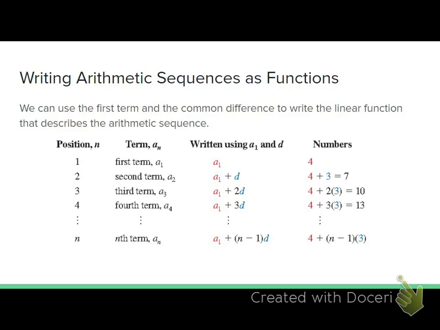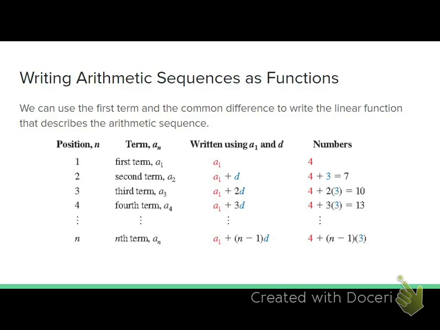To get the third term, we're going to add D again. We added it once, now we're adding it a second time, or 2D. So you're taking your very first number and then adding 2 differences. 2 times 3 is 6 added, and we get a 10. You can still see you're adding 3 on this edge number every time.